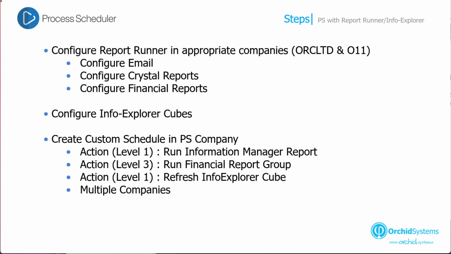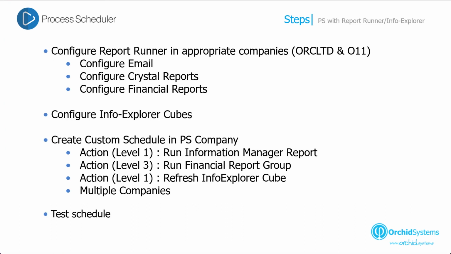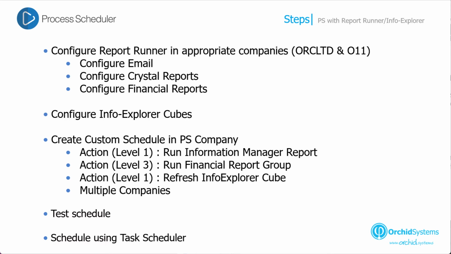A level 3 action, run Financial Report Group, which will run the nominated Financial Report Group and email and save as requested. And a level 1 action to refresh the Info Explorer cube. And we're going to have a look at this running in multiple companies, Orc Ltd and O11. Then we're going to test the schedule and schedule using the Windows Task Scheduler.